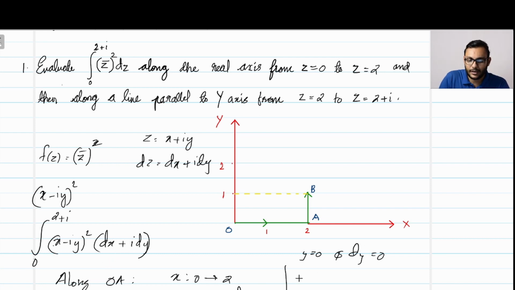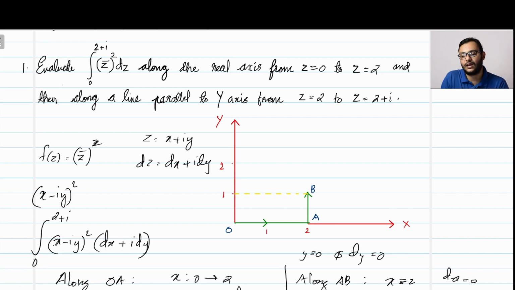Similarly along AB, here x is equal to 2 because it is starting from this point up to this point. So x is equal to 2, but dx is equal to 0 because there is no change in the x direction, only changes in the y direction. In the y direction it changes from 0 to 1, and here dy is non-zero.